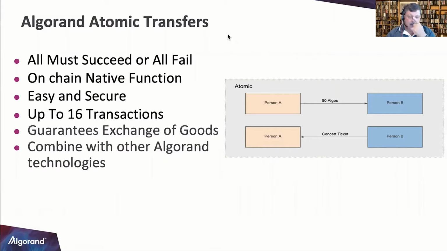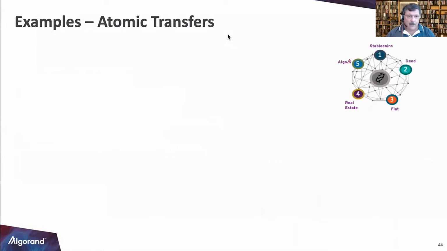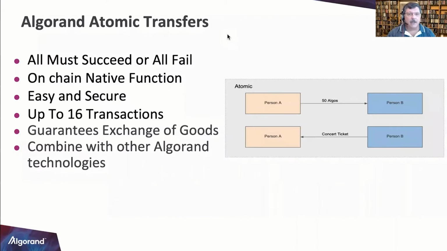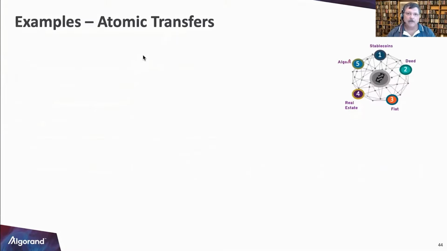And this is really good because now you can start combining with other Algorand technologies. Like you could combine an atomic transfer with a smart contract. Maybe the smart contract piece has the time limit on it, it has to occur within a certain amount of time. And so things are really starting to evolve here into what we refer to as a solution for a blockchain use case.